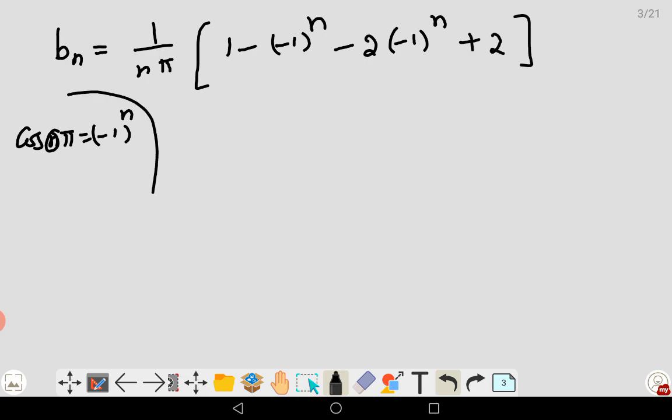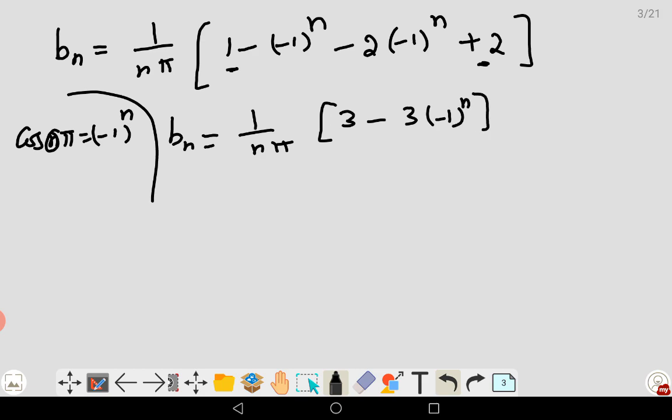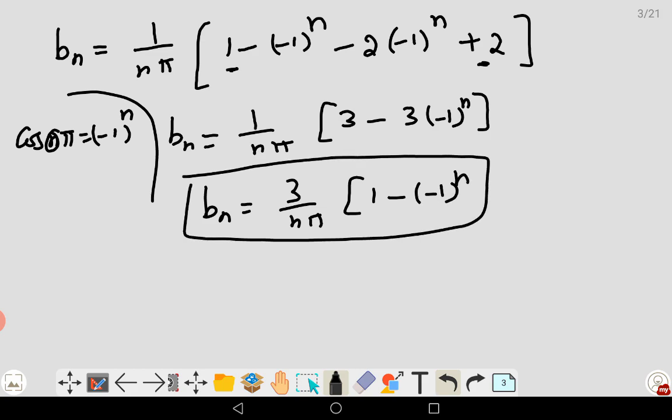So you will find that the answer of bn is 1 over n pi times 2 plus 1 plus 2, which is 3 minus 3 times minus 1 to the power n. 3 can be taken outside, so 3 over n pi, 1 minus minus 1 to the power n. This is one answer of bn.